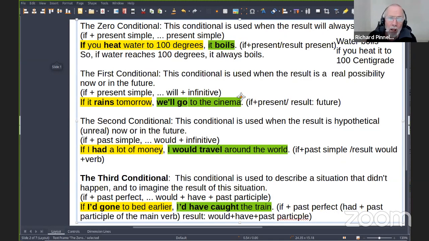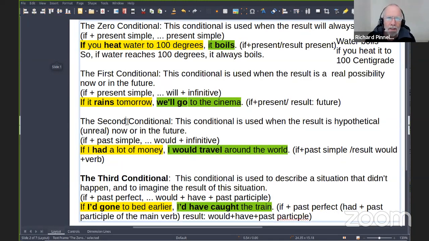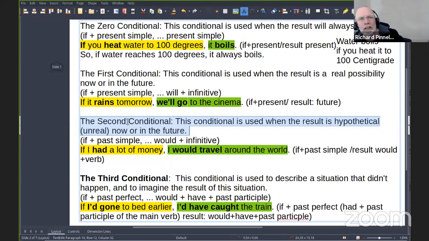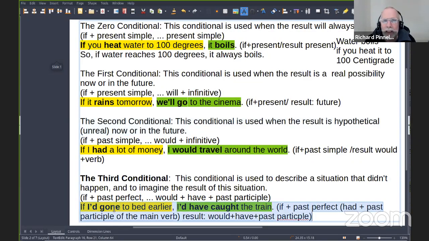It's going to be an unreal conditional like the second conditional because it's going to refer to something that didn't happen. It's always going to be the opposite of reality. For example, here's an example. If I'd gone to bed earlier, I'd have caught the train.